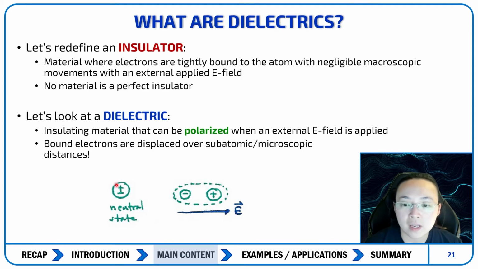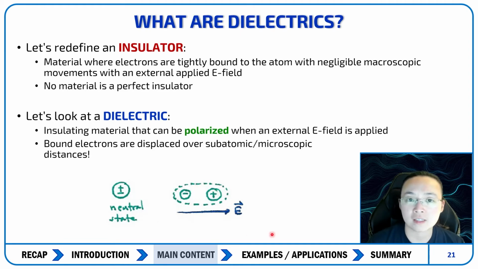So if I have, let's say, this object over here in its neutral state, it's got a positive charge and a negative charge. Upon the application of an electric field, if we zoom in really, really close to this object, then there's going to be a slight charge separation where one end is negatively charged and the other end is positively charged.